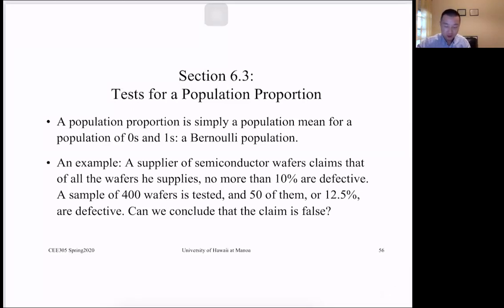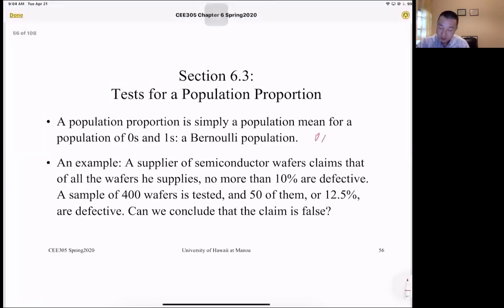For confidence intervals, we also have a confidence interval for population proportions. And remember, a population proportion is just the population mean for a population of zeros and ones, such as the Bernoulli population.